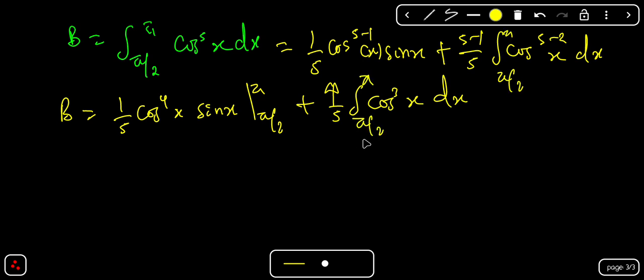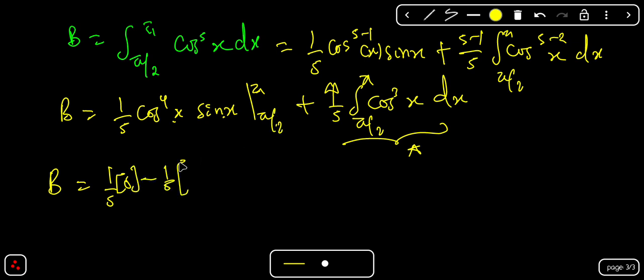We can see that this integral right here is integral A. Okay, so B will be equal to 1 over 5. If you apply pi, sin pi is 0, so definitely that will give us 0. Then minus, if you apply pi over 2, that will be 1 over 5 into brackets: cos pi over 2 is 0, and sin pi over 2 is 1, so 0 times 1 will give us 0. So plus 4 over 5.